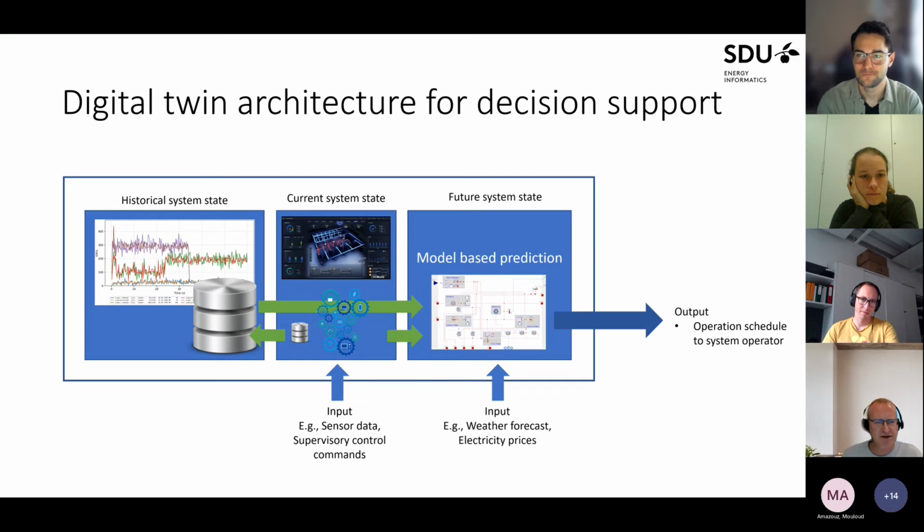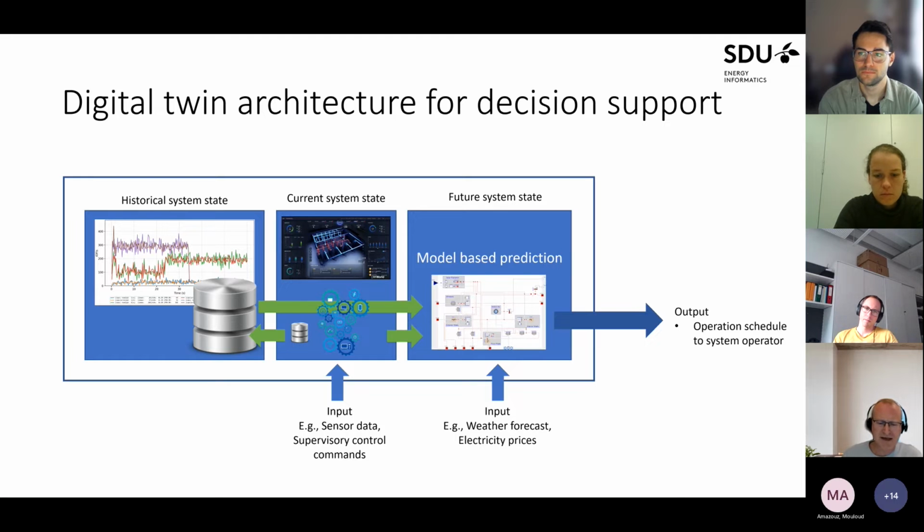So I've tried to come up with this picture you see here, where I try to picture the elements of the twin: basically the historical state that we capture from the physical twin, the representation and visualization of the current state of the twin, and then the purpose for which we built the twin, to be able to do some prediction of the near future state of the twin in order to optimize some aspect or make some prediction that might, for instance, be used for predictive maintenance.